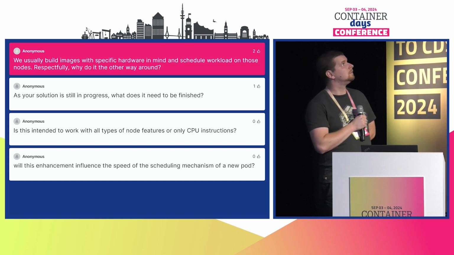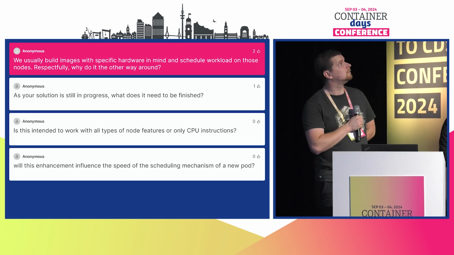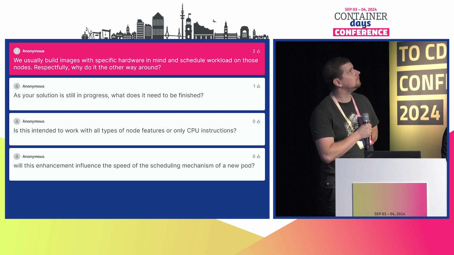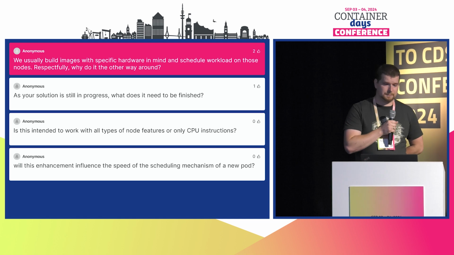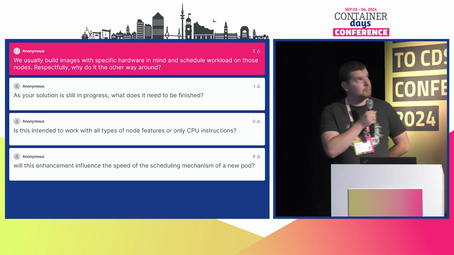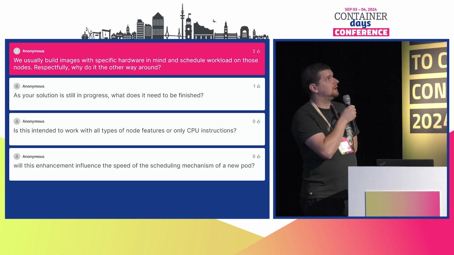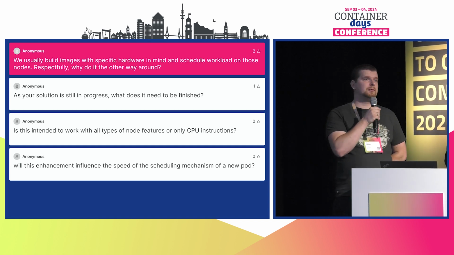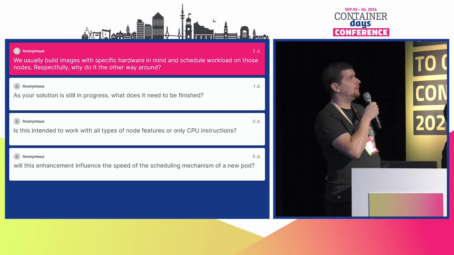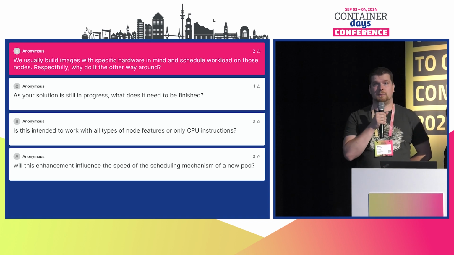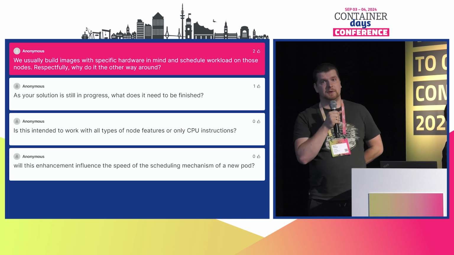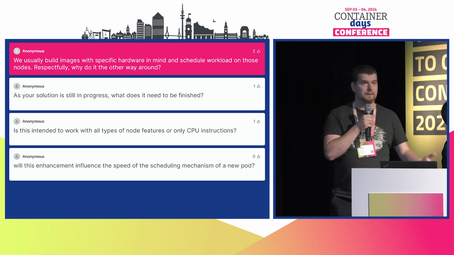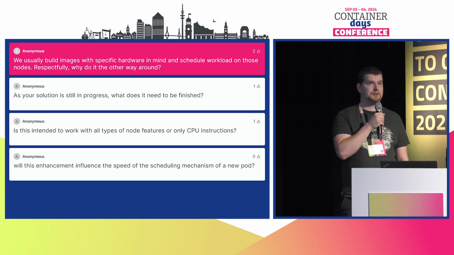Another question is, we usually build images with specific hardware in mind and schedule workloads on those nodes. Why would we do it the other way around? Well, yes, you build these images with specific hardware in mind, that's true, and schedule workloads on the node, but we have different scenarios. If you are running, for example, a high-performance router that a lot of telco vendors are consuming, you want to put in these requirements: what my router requires, what kind of hardware is certified for it.